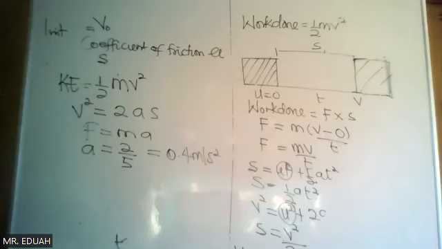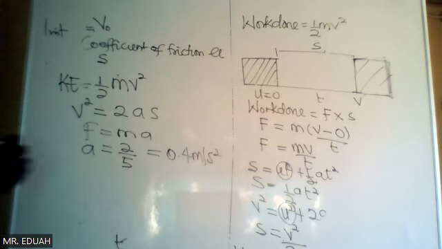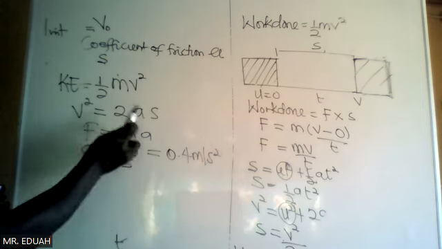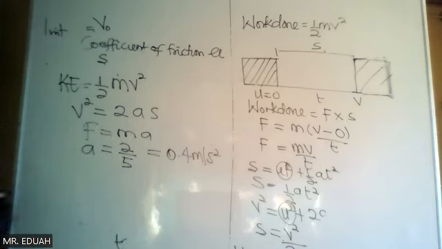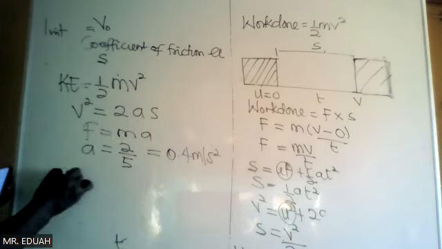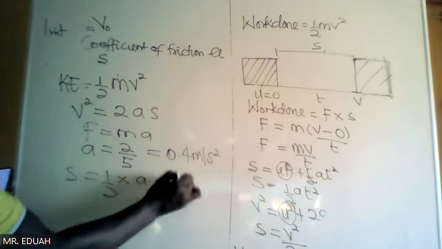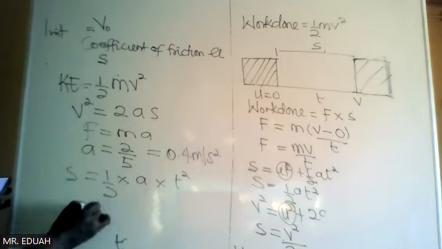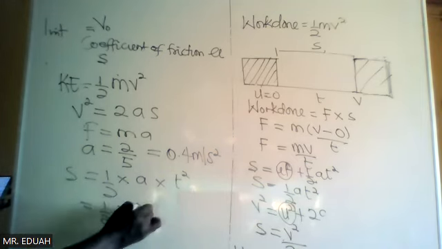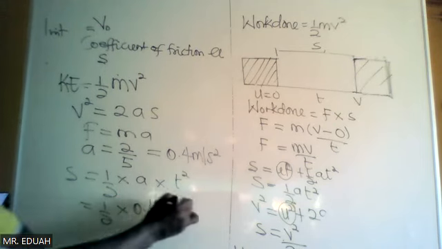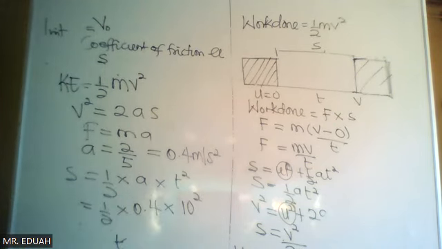Okay, what about the distance? We need the velocity. The velocity would require the acceleration, which we have, and then the distance traveled. Distance traveled will be equal to half times the acceleration times the square of the time. So half by 0.4 times the time, which is 10, squared.